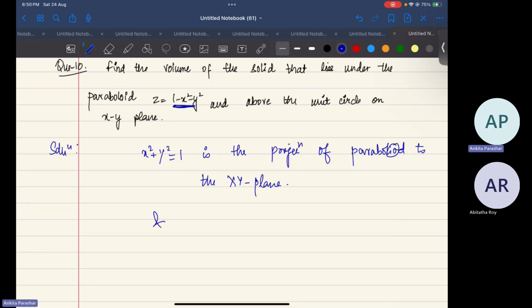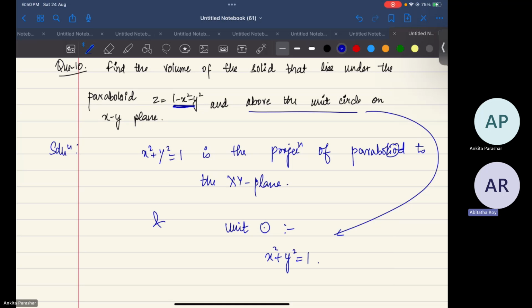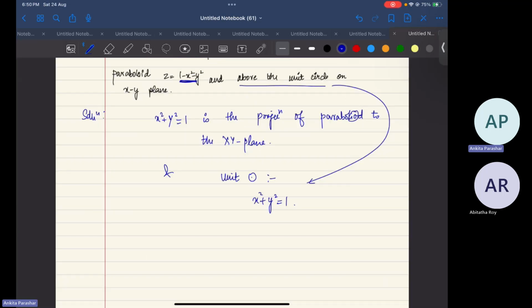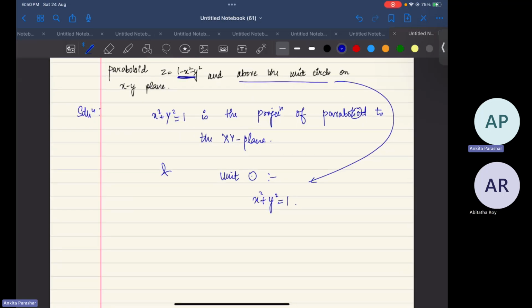And the region bounded above, they are already saying it is the unit circle. The unit circle has equation x square plus y square equal to 1 only. So whatever graph has been covered by the above part, it is the same when you project to the xy plane; it is bounded by that part only.